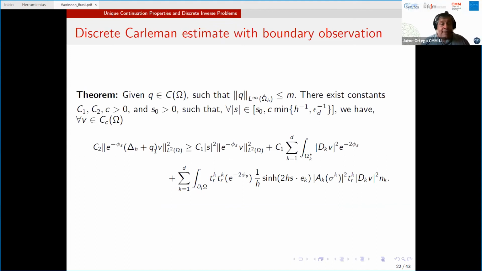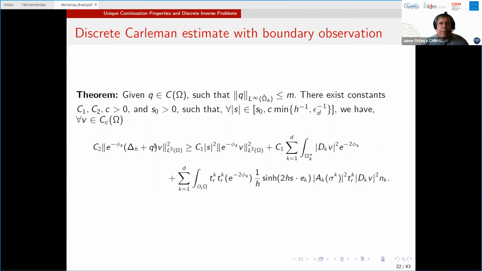This is the problem. The problem is equivalent to the Calderón one, and this estimate allows us to obtain a similar result. Okay, which is the result that we want. If all the measurements in the boundary are the same, we want to try to prove that q is the same. Okay? And in this case, this is the Calderón problem.